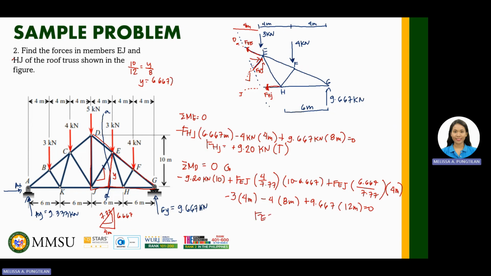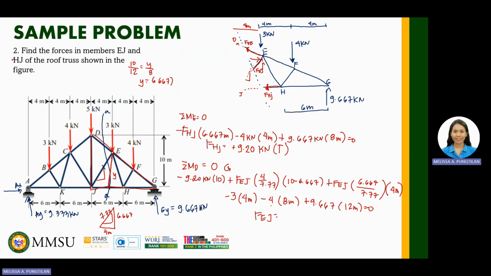Therefore, FEJ is equal to 4 divided by 7.77 multiplied by 10 minus 6.667, equals 3 by 4 is 12, 4 by 8 is 32, plus 9.667 by 12.